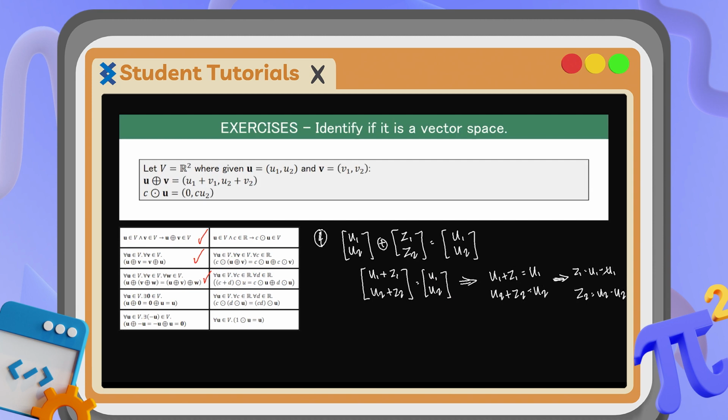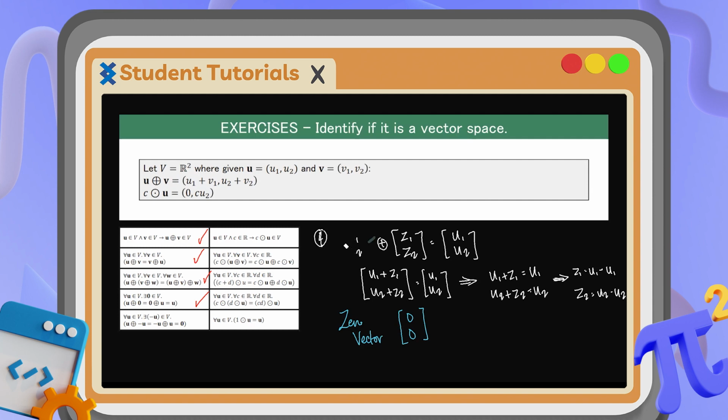I notice that the results of both would give us 0. Therefore, a 0 vector exists for this set, and that 0 vector is actually 0, 0. So that is our 0 vector, and it exists. Therefore, we can consider this as satisfying the property of the 0 vector.